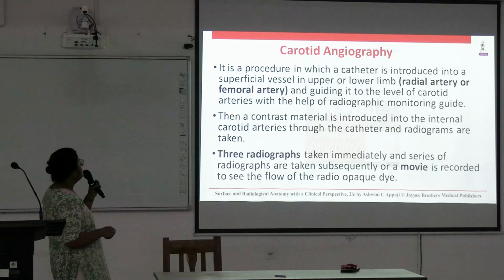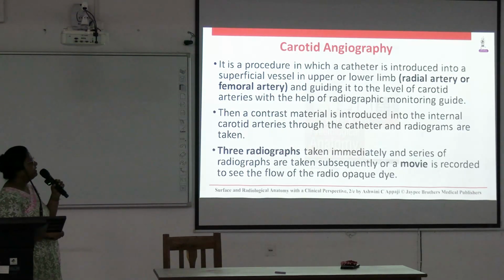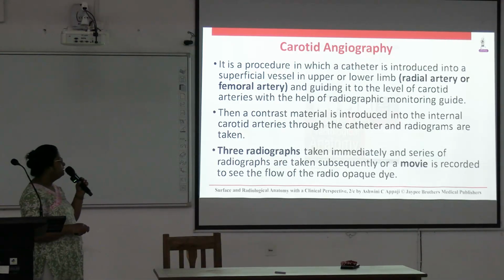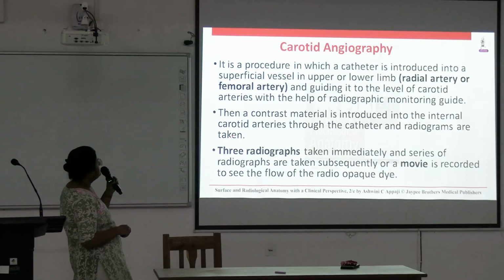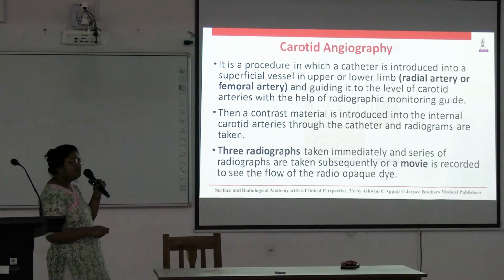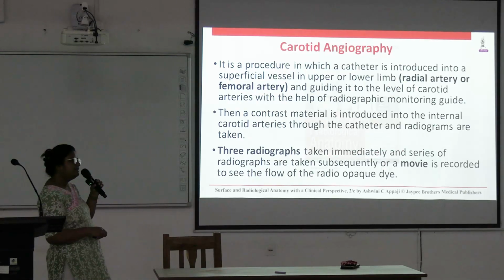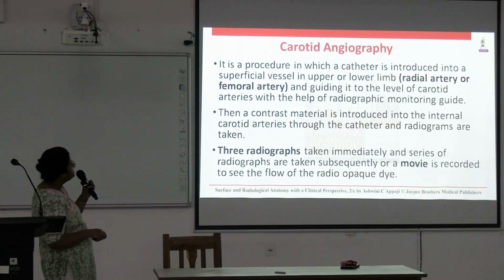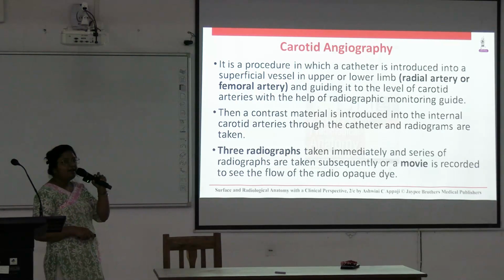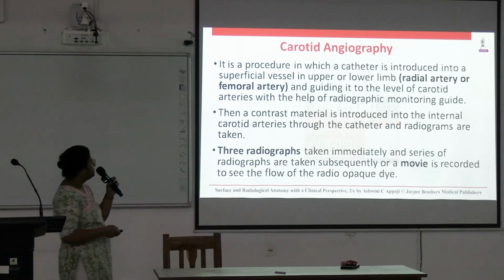Then a contrast material is introduced into the internal carotid arteries through the catheter, and radiograms are taken. Radiographs are taken immediately and a series of radiographs are taken subsequently, or a movie is recorded to see the flow of the radio-opaque dye within the different branches of the internal carotid artery.